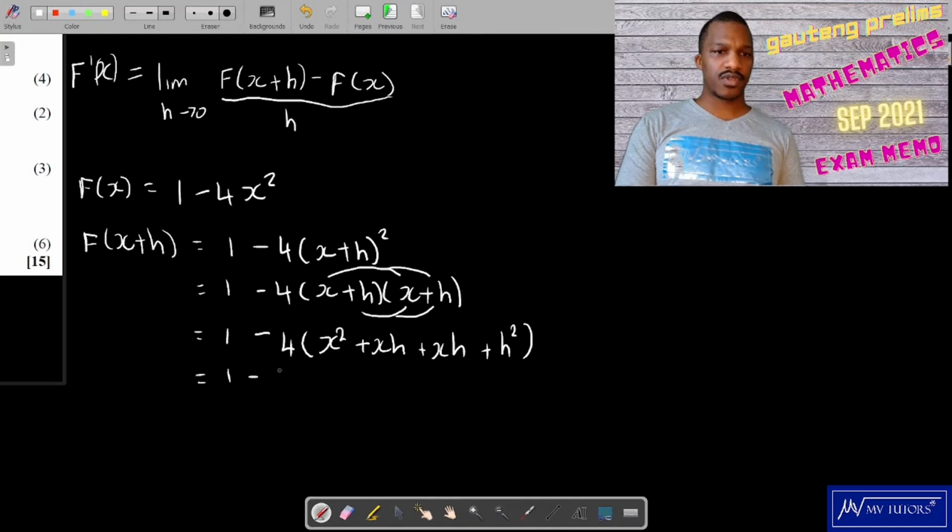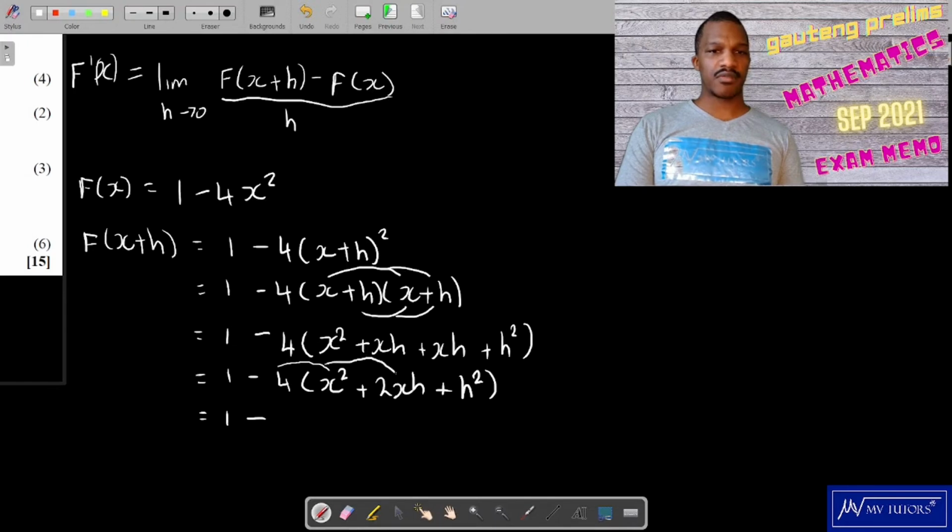Okay, so what I'm going to do now is just clean it up a little bit. So I'll have x squared plus 2xh plus h squared. Right, now let's get rid of the brackets. All I'm going to do is multiply that minus 4 in there and there.